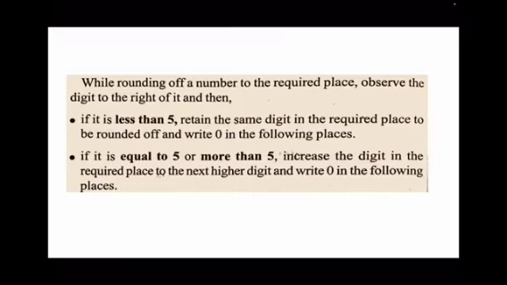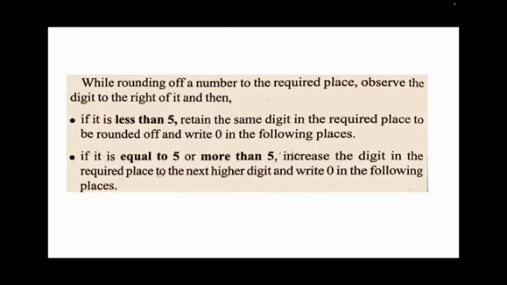There is a simple rule that we follow when we estimate. Be it tens place, hundreds place, or thousands place, the rule we apply is the same. While rounding off a number to the required place, observe the digit to the right of it, and then, if it is less than 5, retain the same digit in the required place to be rounded off and write 0 in the following places.